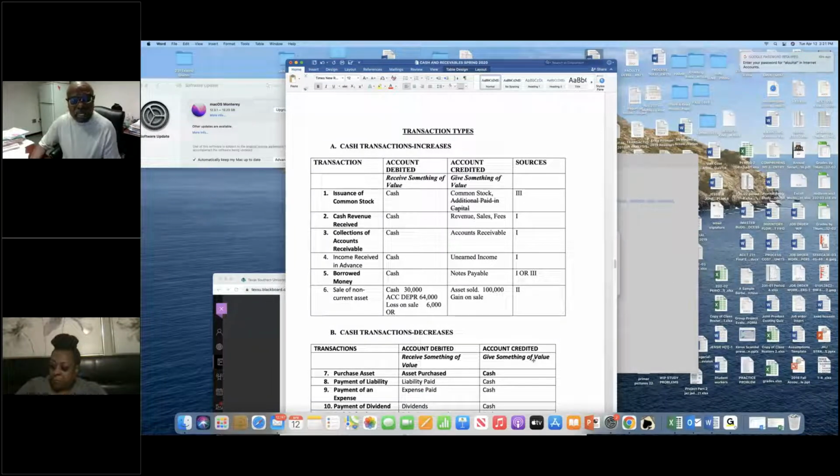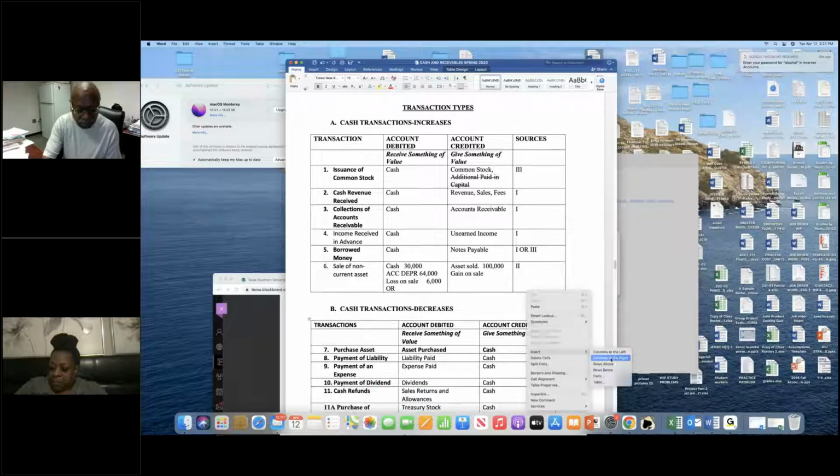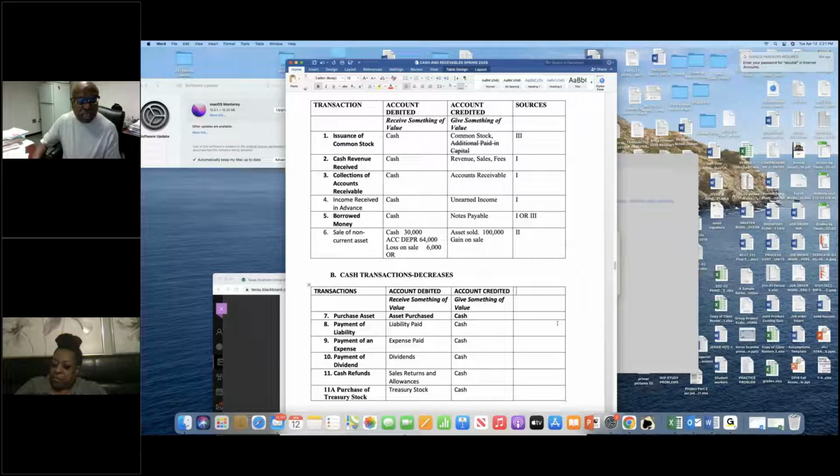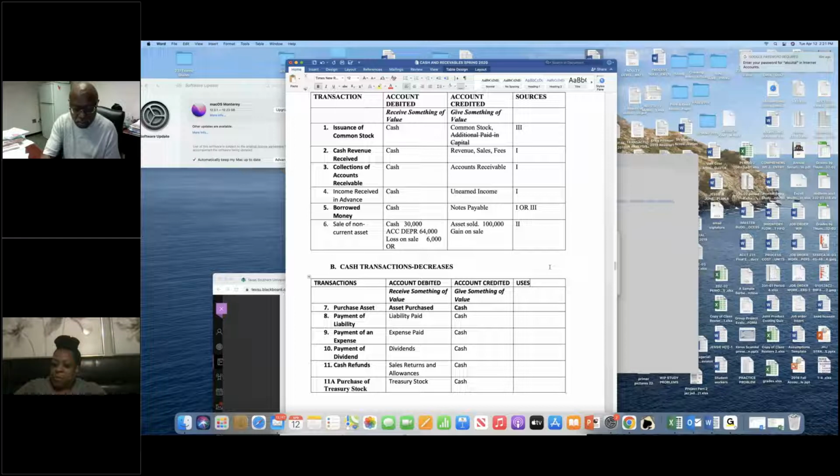When we get to the payments, they're going to be uses. Anytime we purchase an asset, if it's a short-term asset, it'll be in Roman numeral 1, or if it's a long-term asset, it's going to be in the second part. Payment of a liability, if it's a current liability, it's going to be in 1, or if it's a long-term liability, it's going to be in part 3.